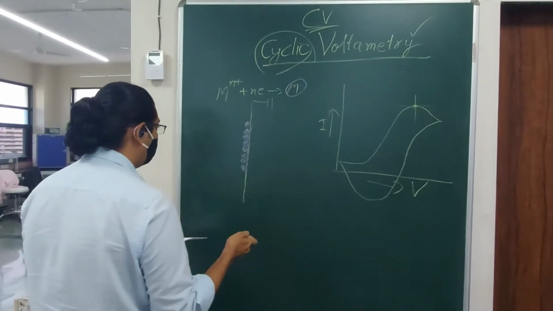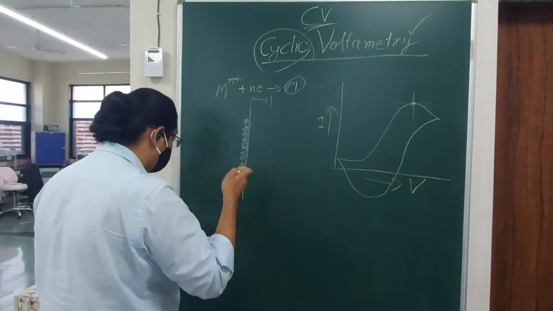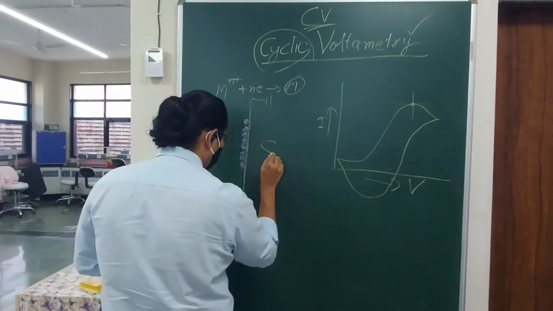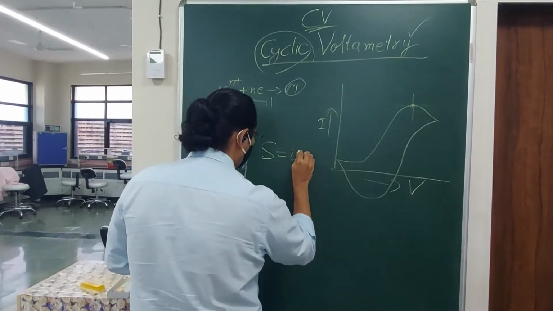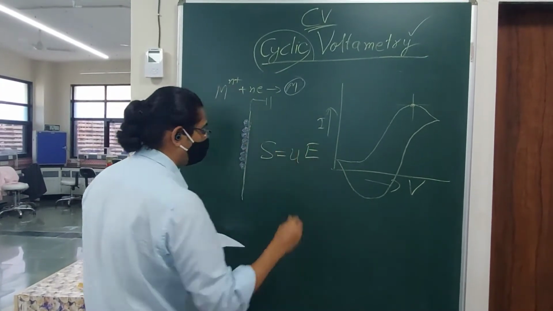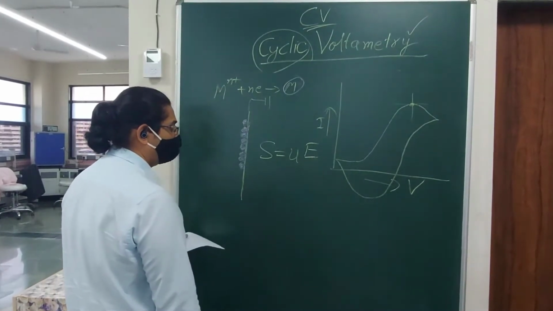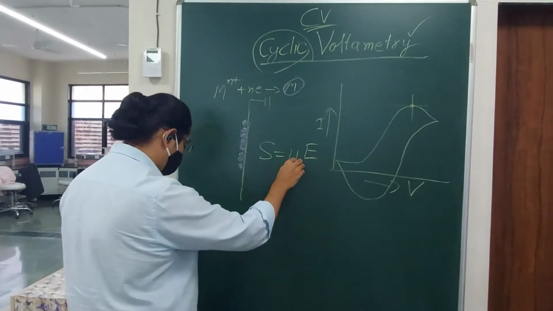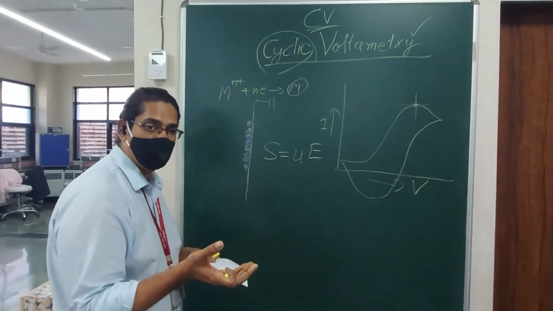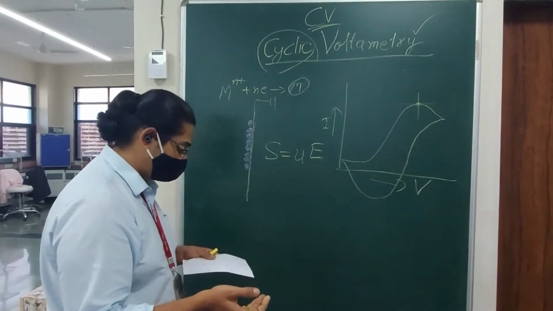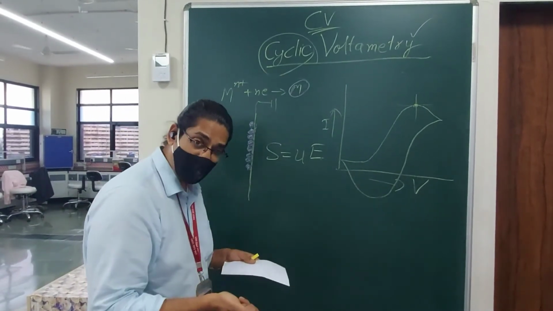How do you understand that? The diffusion speed, how do you define it? The diffusion speed is nothing but U times the electrode potential, the voltage you apply, and this U is the ion mobility. Now this depends upon the kind of solvent you use, the viscosity factor, and also the charge on the ions.